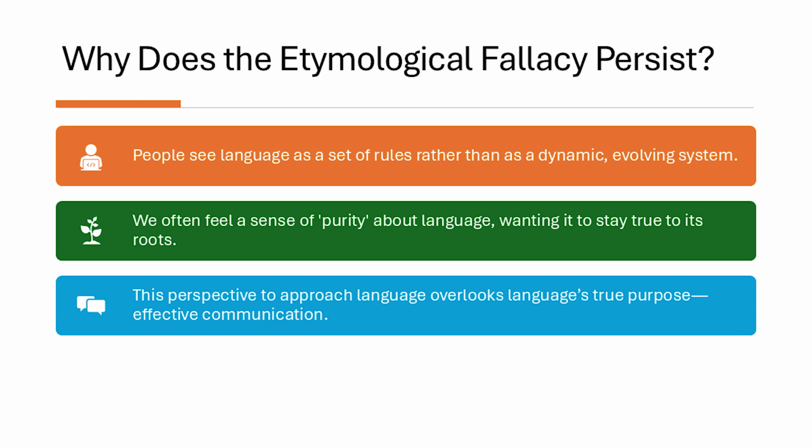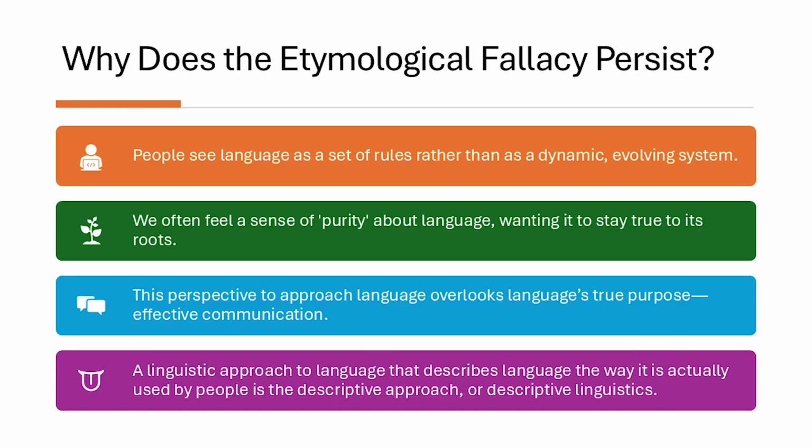This is the perspective behind what we call prescriptive linguistics, or the prescriptive approach to linguistics or language. The prescriptivist approach to language ignores the natural evolution of language. Modern linguistics has a descriptive approach to language. It's descriptivist. We just try to describe what people mean when they use a word in the context.